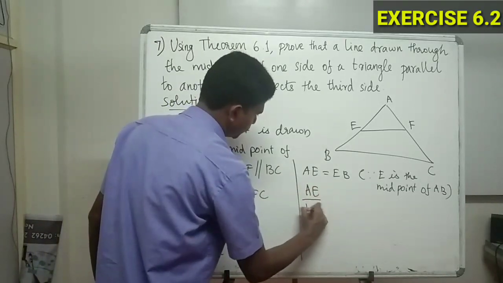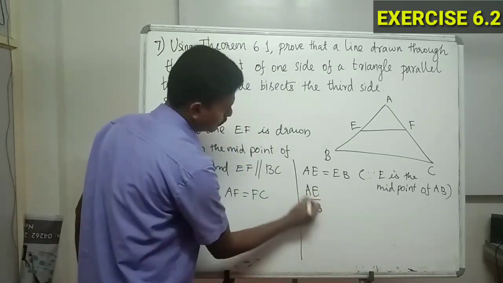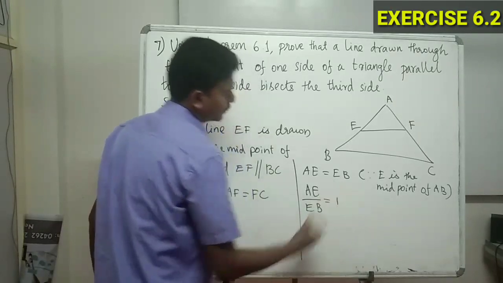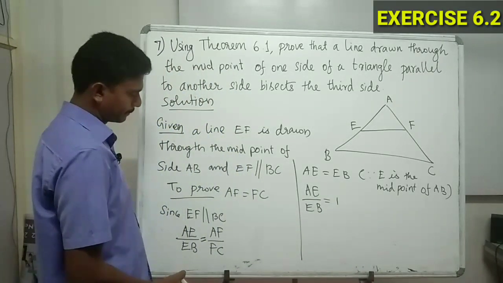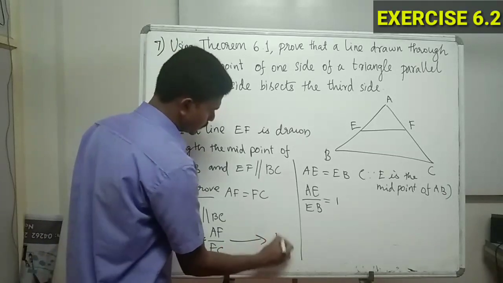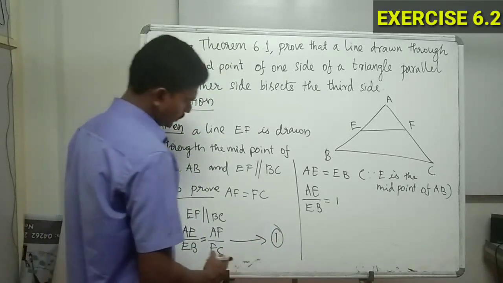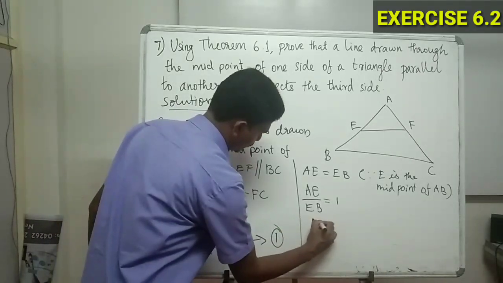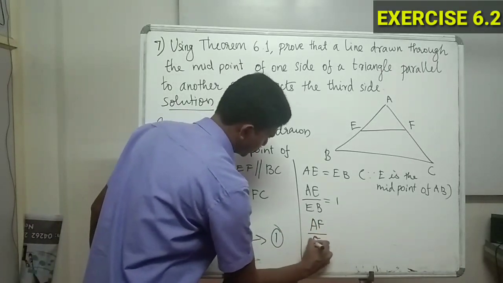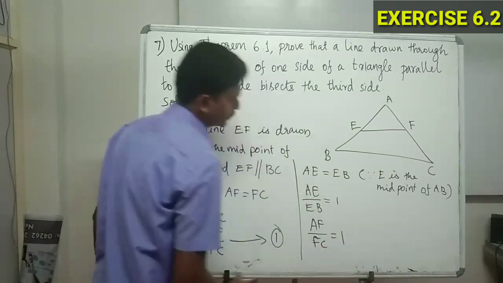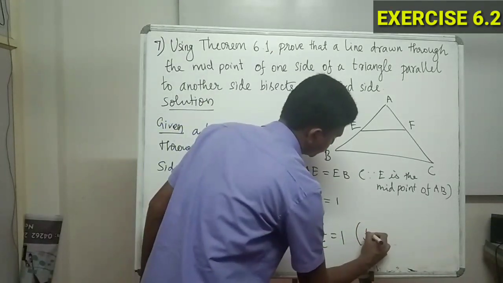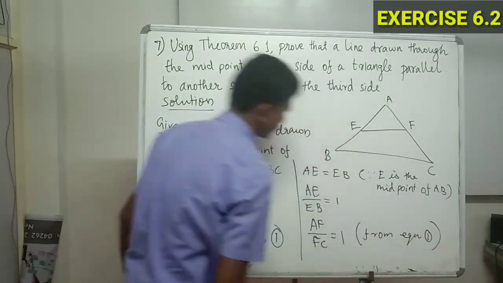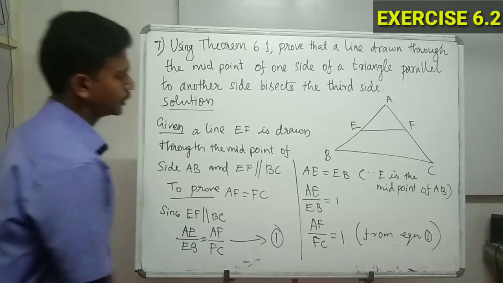AE by EB, the same distances, when you divide, it is equal to 1. So we can say this is equation 1. If this is equal to 1, then AF by FC is also equal to 1. It is from equation 1.